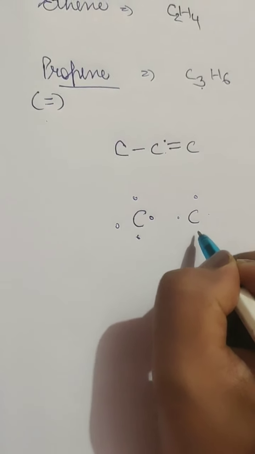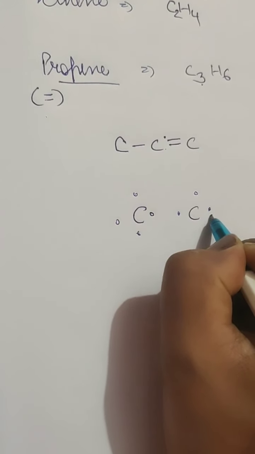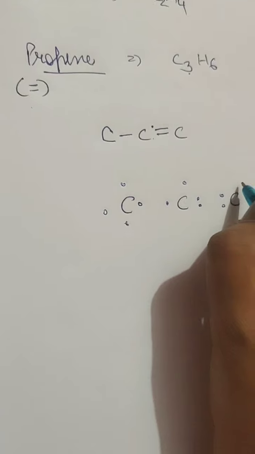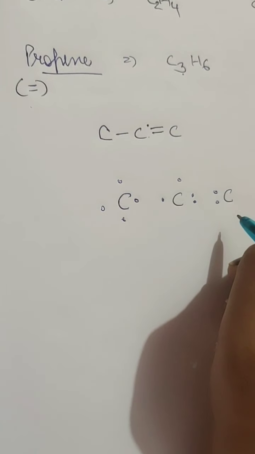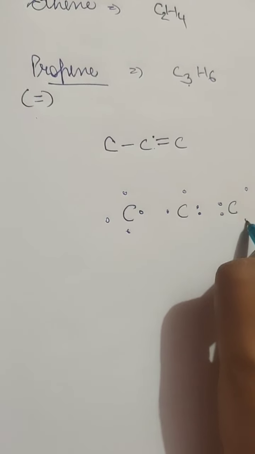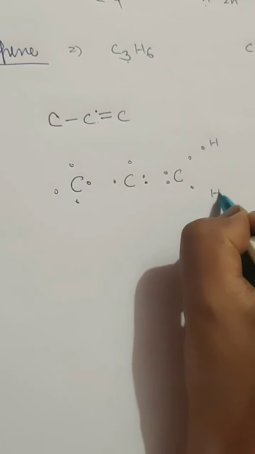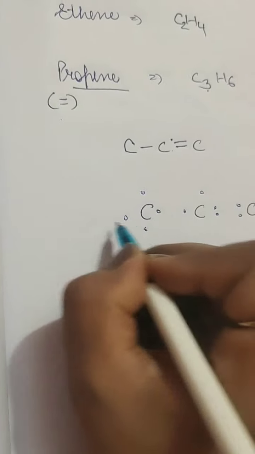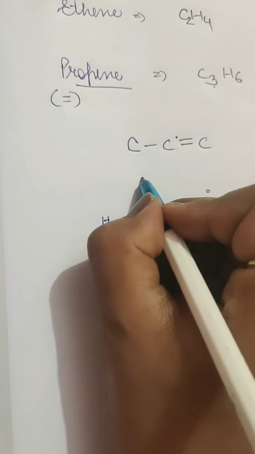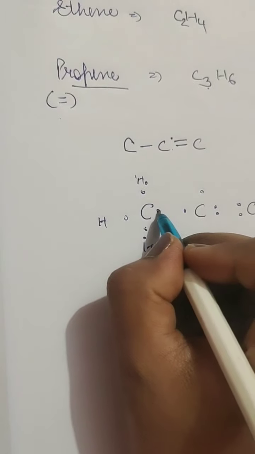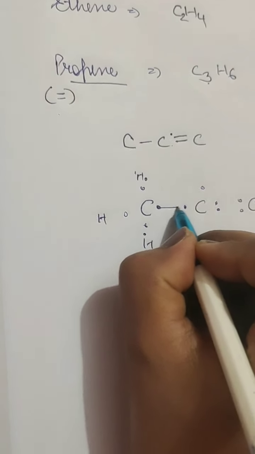When this carbon uses 2 electrons with the other carbon atom, these 2 carbons only require extra hydrogen atoms. So it will use this hydrogen and this hydrogen, and the other carbon will use this hydrogen here, and this one will not use more because it already has a bond here.